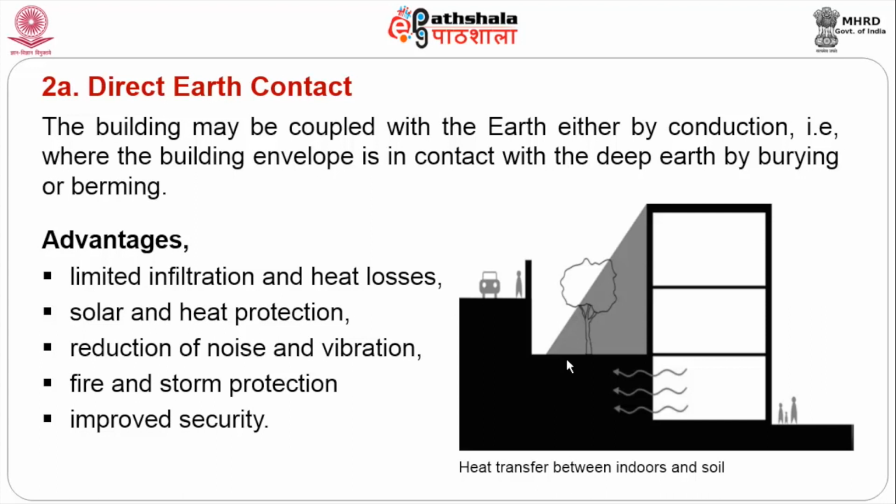Solar and heat protection. You can clearly see that in a subterranean surface, there is no need to consider or design for heat protection. Reduction of noise and vibration, fire and storm protection, and improved security. Because the building is secluded within the ground, there is very little chance of noise or vibration from anywhere else.